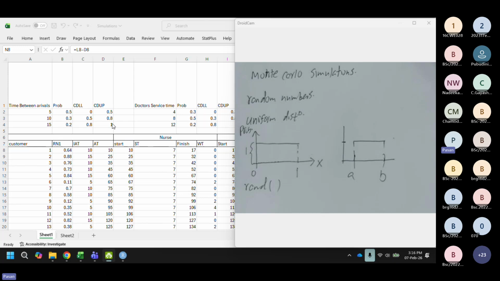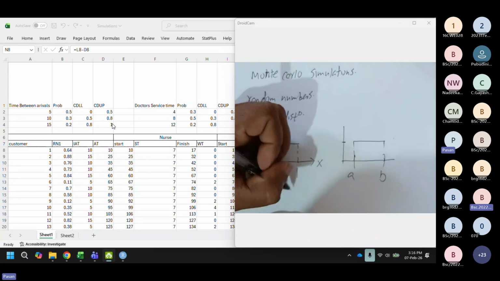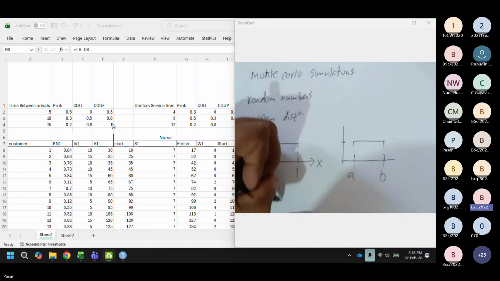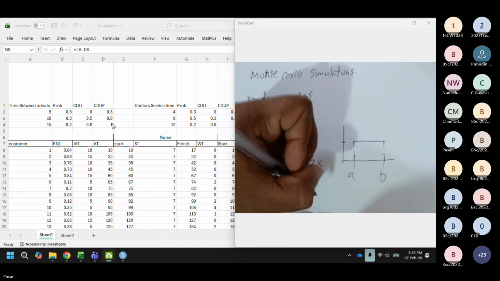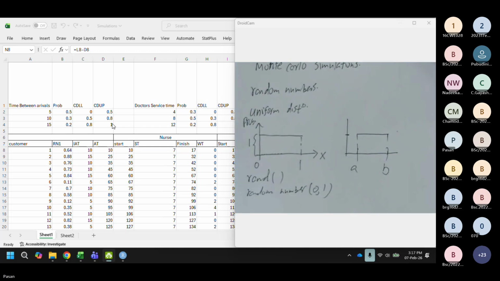This is always going to give you a random number between 0 and 1. Then we can convert that to a random number between any other numbers as well. So we have that option as well.